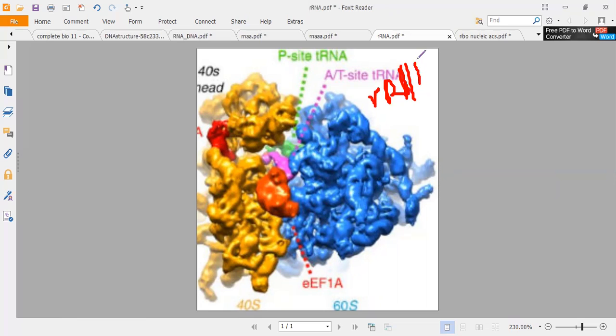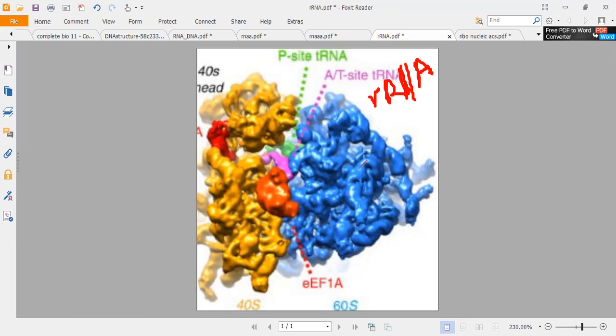It is formed in the nucleolus, which is present in the nucleus, and then assembles outside the nucleus in the cytoplasm. A large quantity of ribosomal RNA is present in the cell, almost 80% of total RNA content.